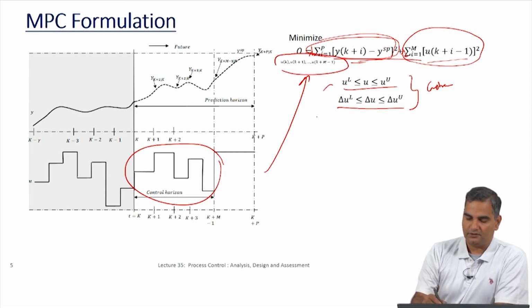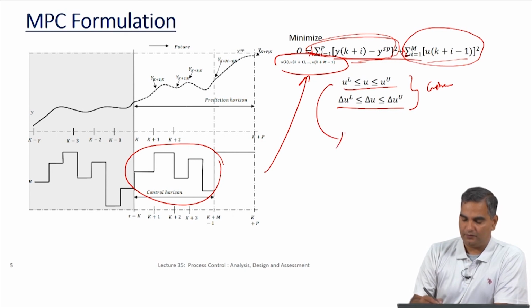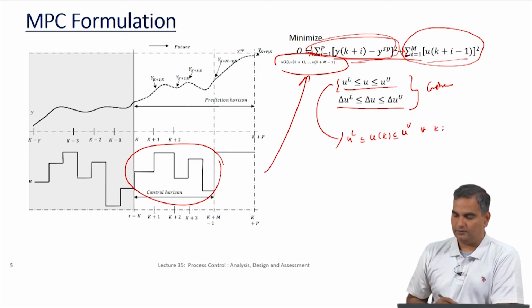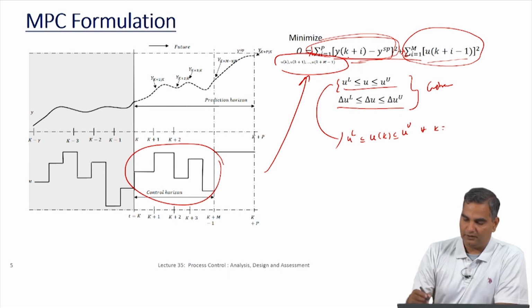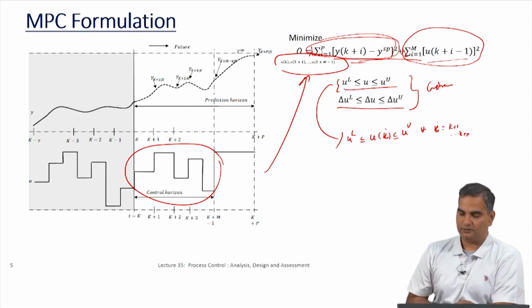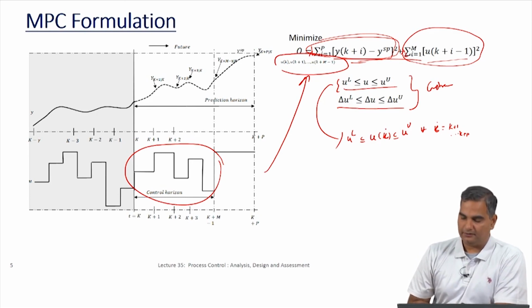So, just to be sure that we make this explicit, when I expand this, I will have u lower less than or equal to uk less than or equal to u upper for all k. Since I am using k here, let me use i here, ui for all i from k plus 1 to k plus p. Okay. So, this is how this is expanded.